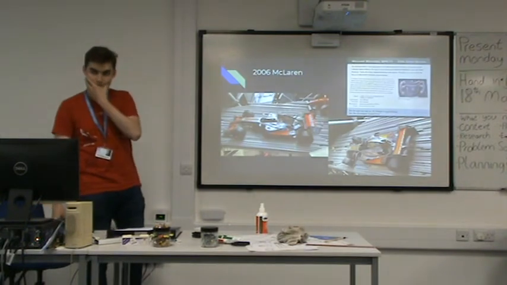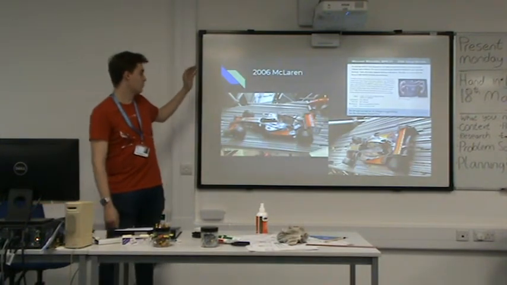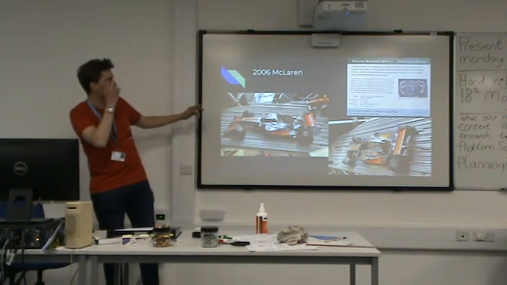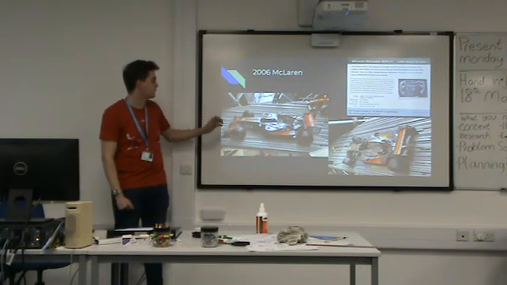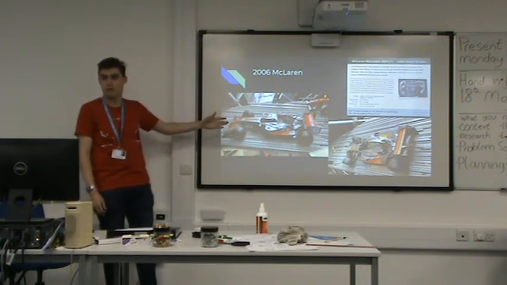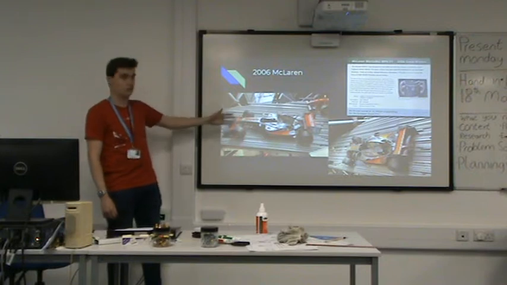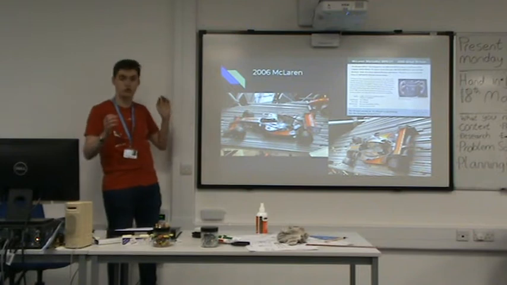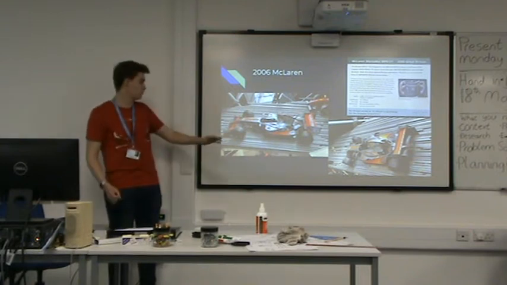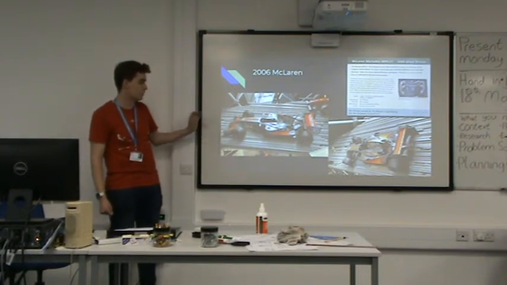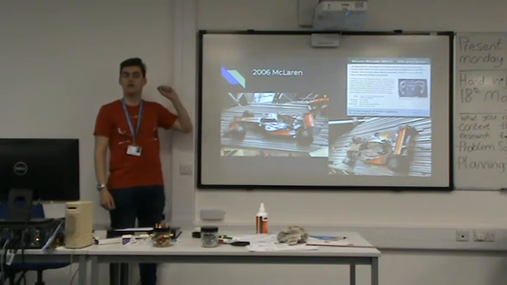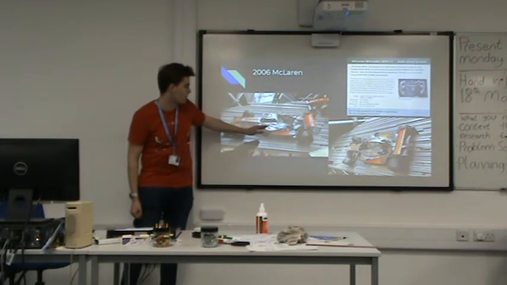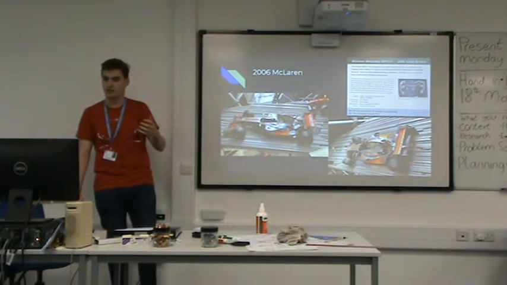The next car that has a big leap was the 2006 McLaren. I believe this might actually be a 2007, I'm not too sure, but you can see from 1996 to 2006, so 10 years, again, the cars have changed drastically. They're much smaller now, and they have rims, tyres, and much more sophisticated aerodynamics on the actual body, with more lines sweeping through and holes to let air be sucked in towards the engine.